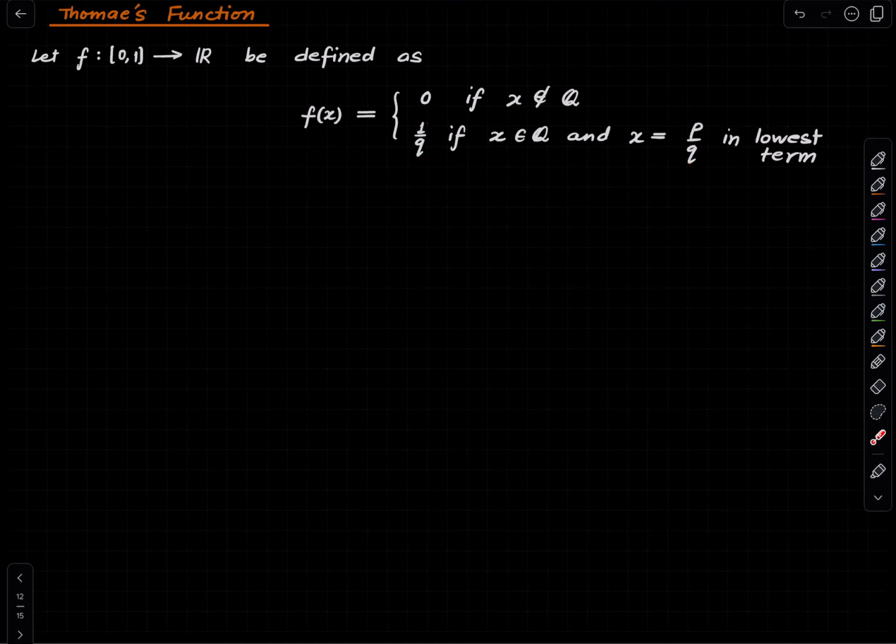This is Thomae's function, and here is the point. This is an exercise. Show that f is continuous at each irrational. So it is possibly discontinuous only at rationals.